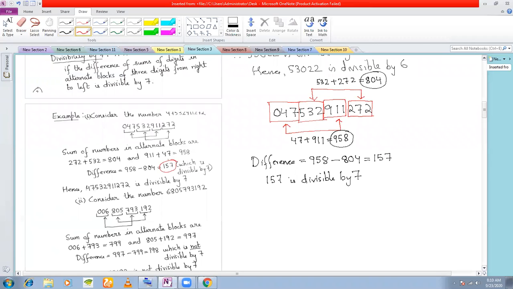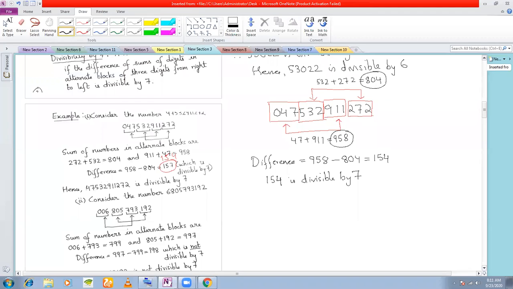Okay, this 157 should be 154. Just make a change. So this should be 154. So 154 is therefore divisible by 7. And therefore the quotient, when you divide 154 by 7, what should be the quotient? 22.